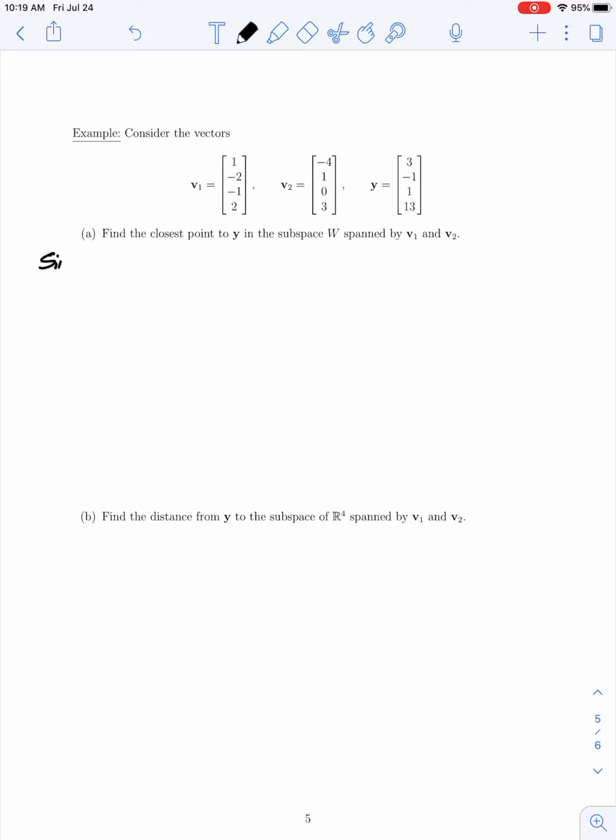The dot product of v1 and v2 is equal to -4 minus 2 plus 0 plus 6, which is indeed 0. Then we know our set of vectors v1 and v2 is an orthogonal set.